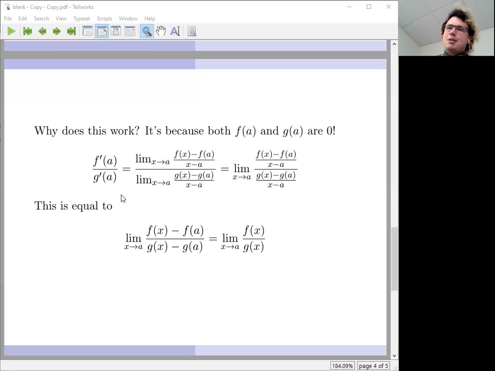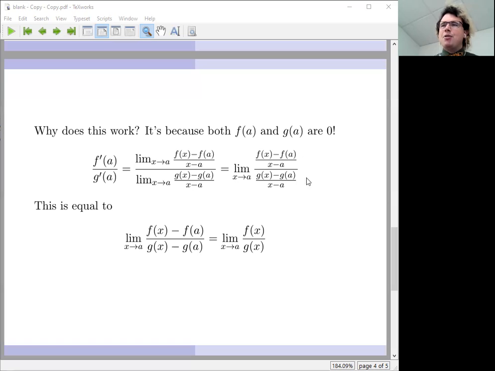So if this quotient is really the quotient of two different limits, and my denominator is not 0, my g prime is not 0, then this will be equal to the limit of this fairly brutal looking thing. So I've just combined those fractions.